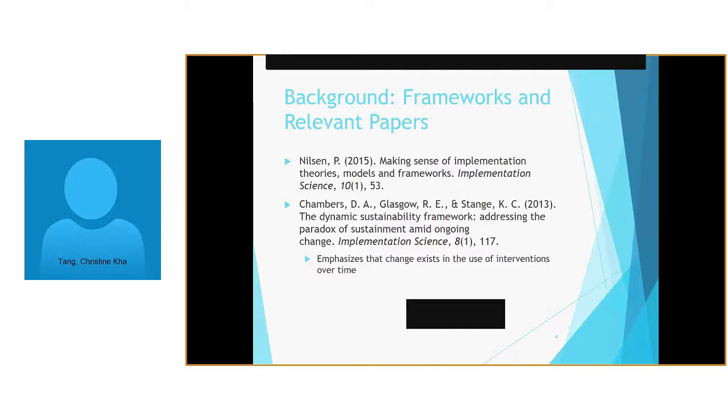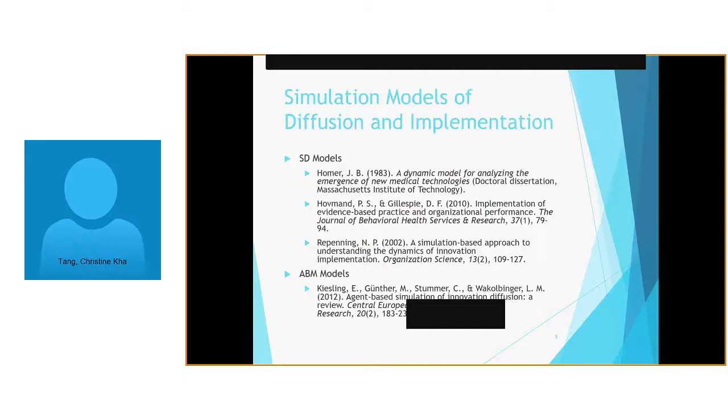And within this framework, they actually specify that they are a dynamic sustainability framework, and they're thinking about change. And next, I saw that some of these frameworks also cited different models, like the Mass Diffusion model, which I did not list here because I wanted to list other models that people might not be as familiar with.